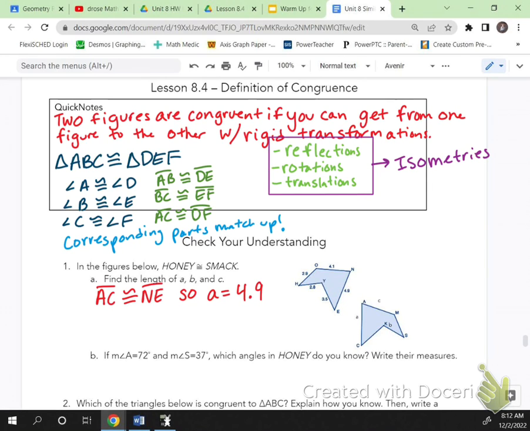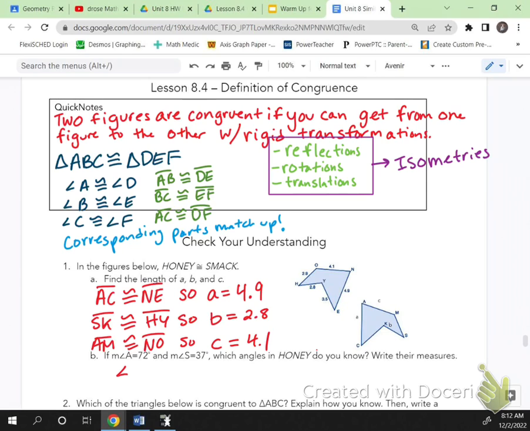I did the first one in part A. If AC is congruent to NE because the figures are congruent, then you can say A is 4.9. You need to find B and C too. Then it's going to ask you about angle measures. How about part B?